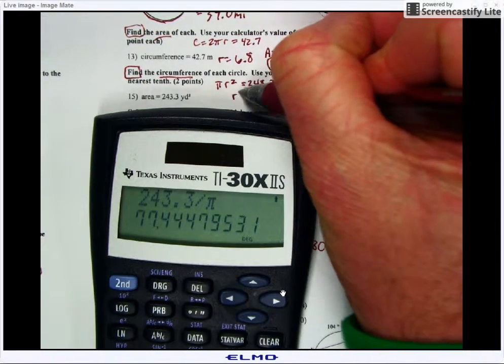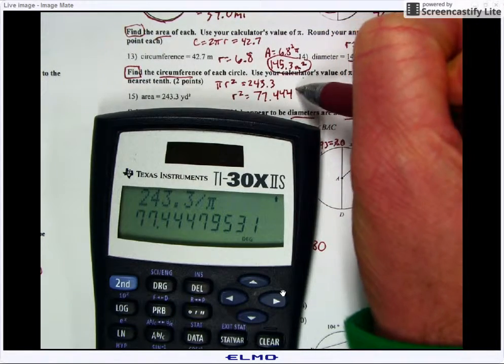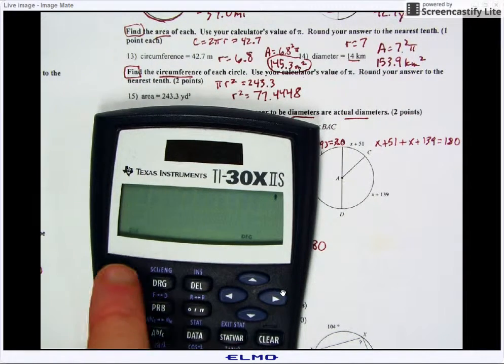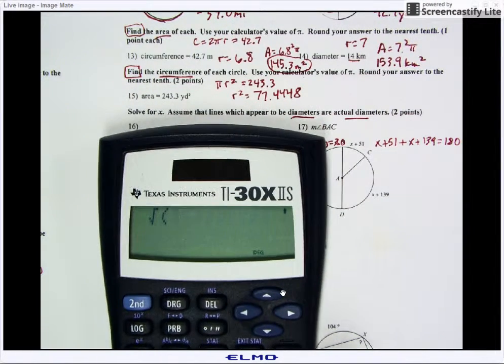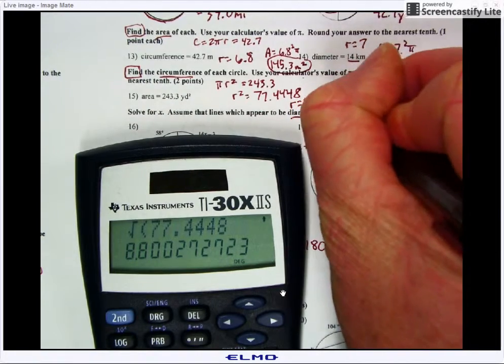So we get r squared equals 77.4448. I'm going to take just a few places, and we're going to take the square root of 77.4448. And that gives you a radius of 8.8.